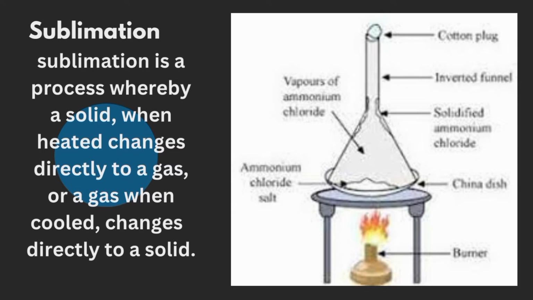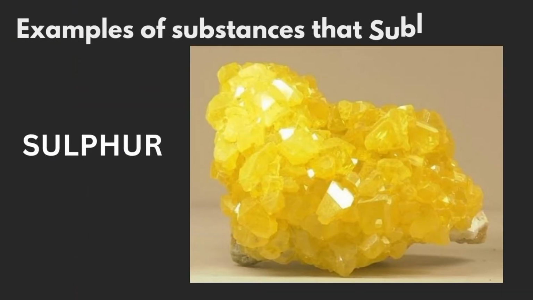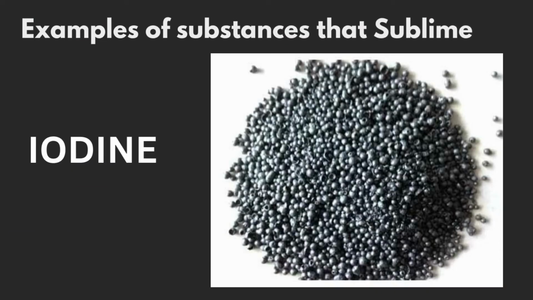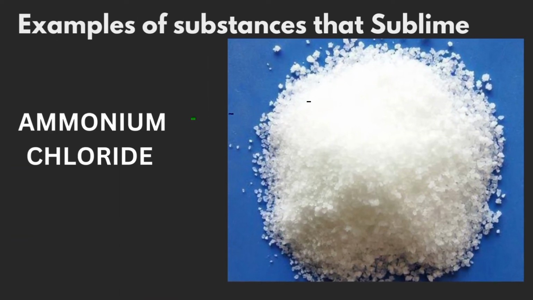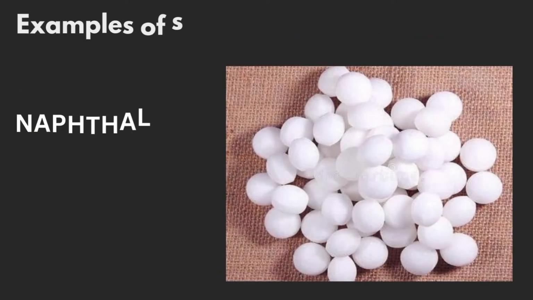So basically, the sublimation method is used to separate a mixture of two or more solids in which one of them sublimes at a temperature below the melting point of the others. So you take note of that. Here are some examples of substances that sublime: sulfur, iodine, ammonium chloride, and naphthalene.